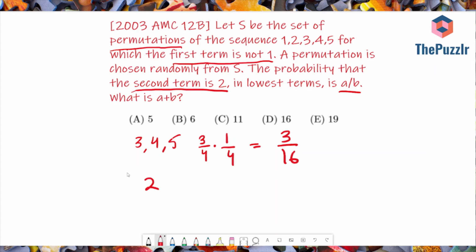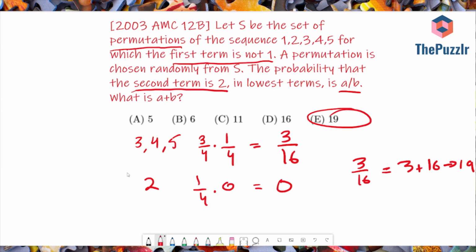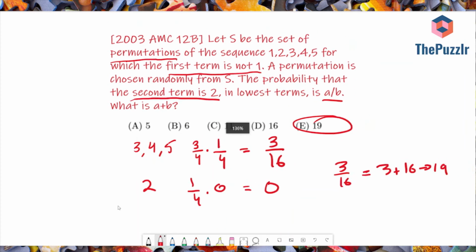Now the first number could be 2. That's a 1/4 chance of happening. And then the second term being 2, well, that's 0 because we already picked the 2. So 3 over 16 is our final answer. 3 plus 16 gives us 19. So we select 19 and we're done. Not too hard, right? Let's move on.